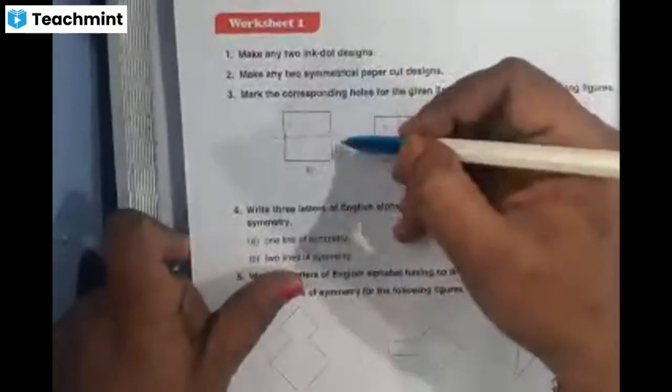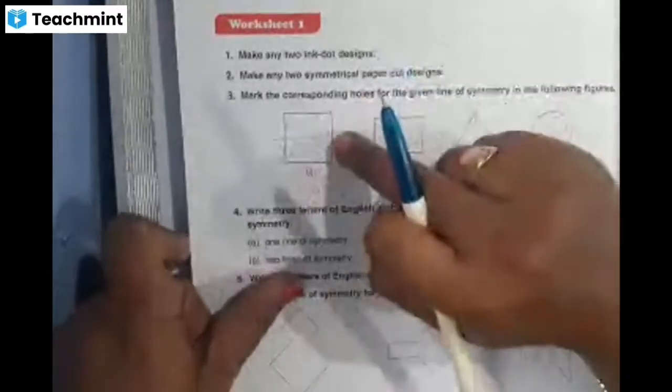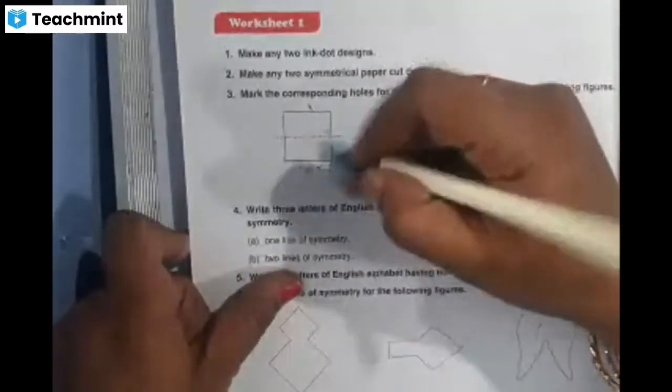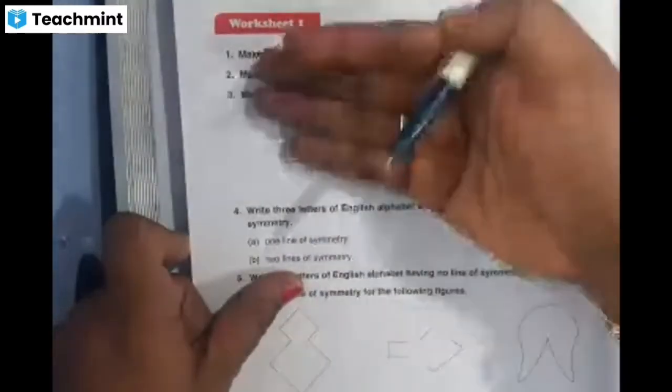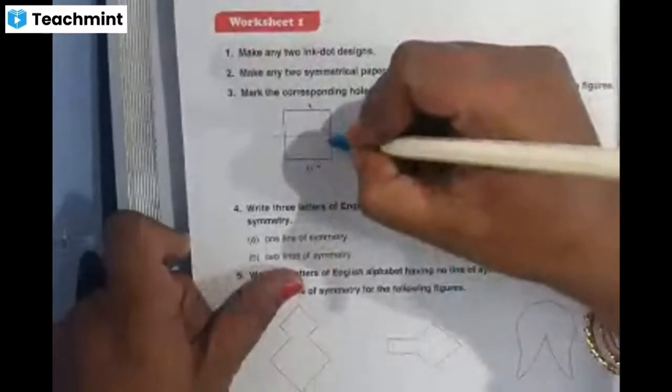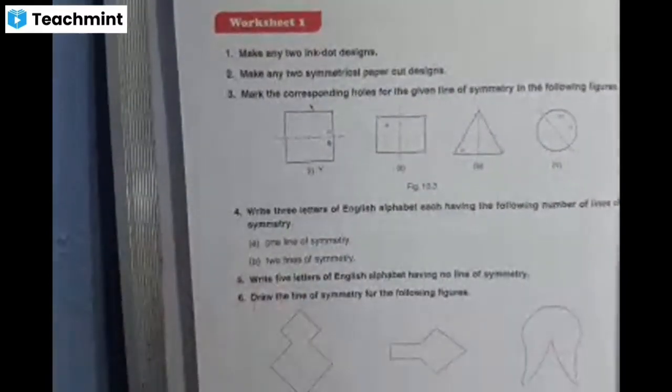Corresponding means the next corresponding, the next to it. How do you get the hole after you fold this first part on the second part? If I take this as first part, this is a line of symmetry. When I fold it, where do you get here? You get it here, right? So I'll show you with the example.